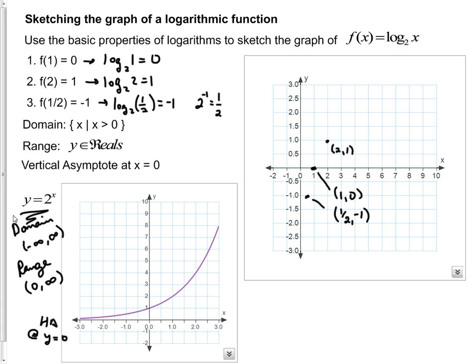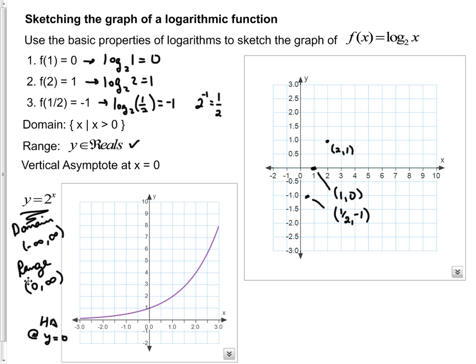Okay, well, because they are inverse functions, y equals 2 to the x will have a domain of negative infinity to positive infinity, so y equals logarithm base 2 of x will have a range of all real numbers.